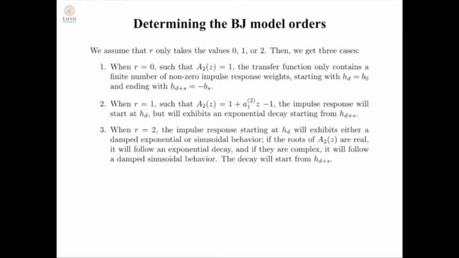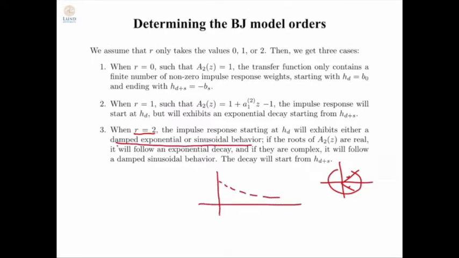Finally, in the case when r is equal to 2, I typically have two complex poles, and I will then exhibit a damped exponential or ringing behavior in my impulse response. So my envelope will be exponentially decaying, and I will see something that rings or just exponentially decays. And the decay will again start at d plus s. So basically I can look at the impulse responses in these three cases and try to determine a suitable order of d and s.